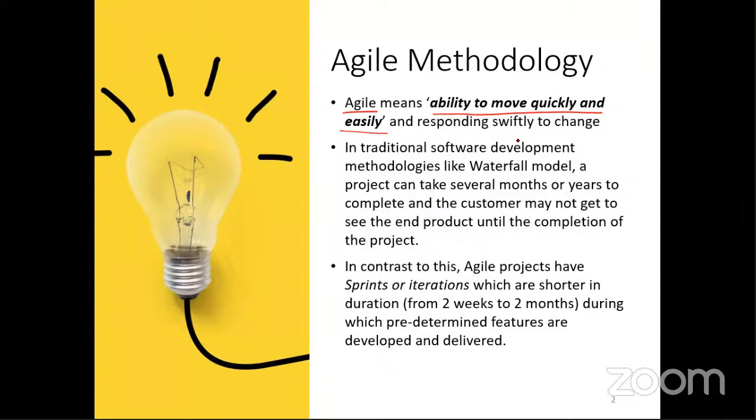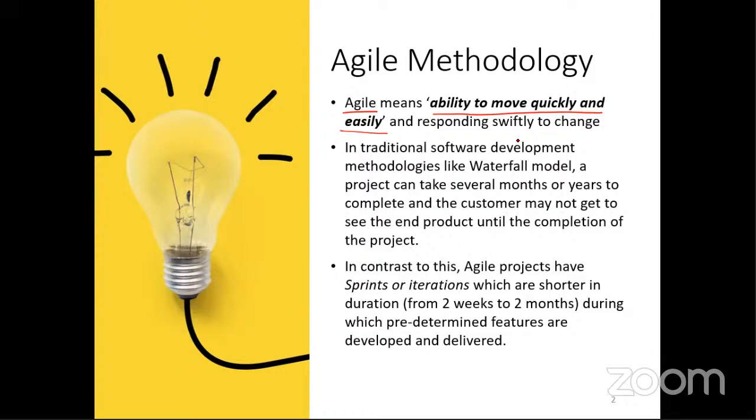That means till the time my whole project is completed, a customer cannot view what is actually going on in a project. But in contrast to this, agile projects have sprints or iterations, which are shorter in duration, from 2 weeks to 2 months. So minimum 2 week sprint to maximum 2 months sprint, during which predefined features are developed and delivered.